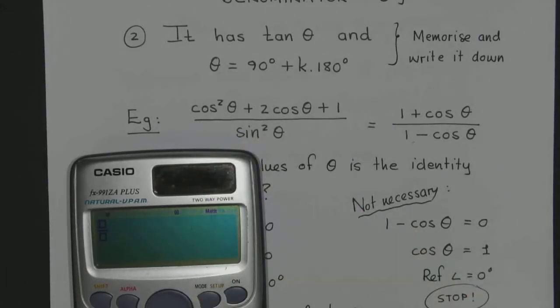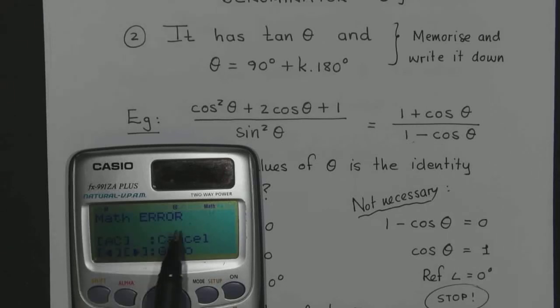If I go cos squared of 180 plus 2 cos of 180 plus 1 over sine squared of 180, then I get math error. And that's what this is about. It's about saying for which values of theta will the left-hand side not be equal to the right-hand side because the identity is undefined. That's pretty much it.